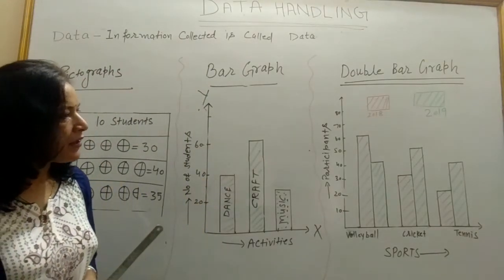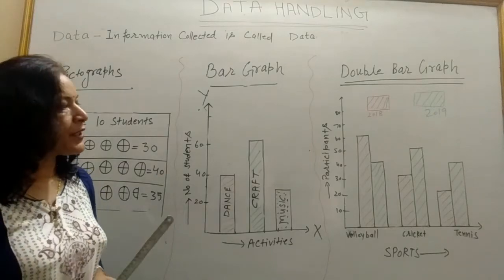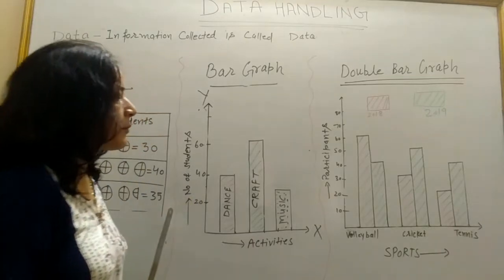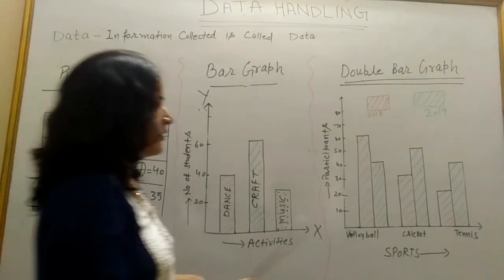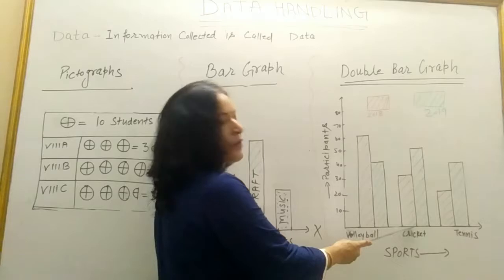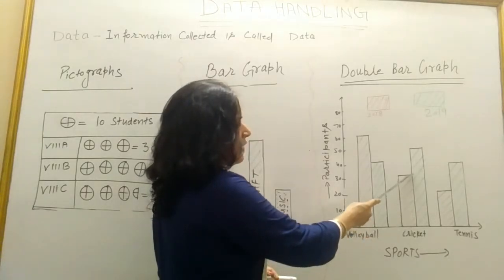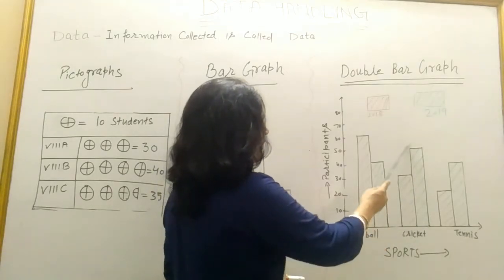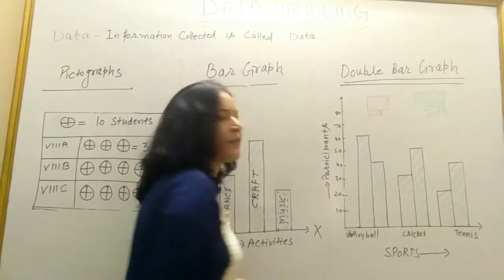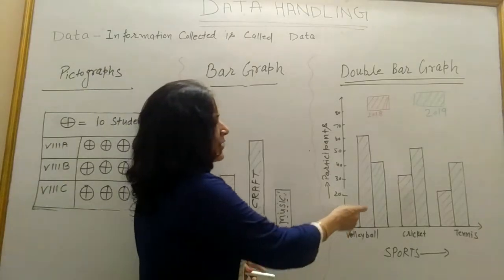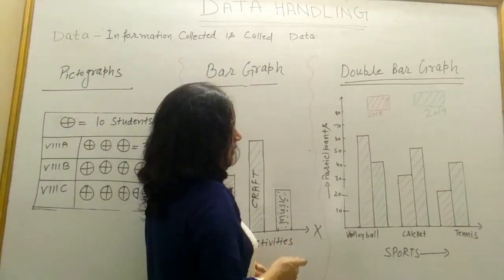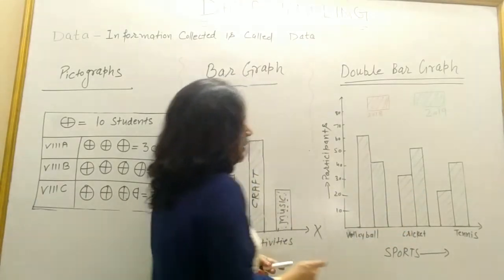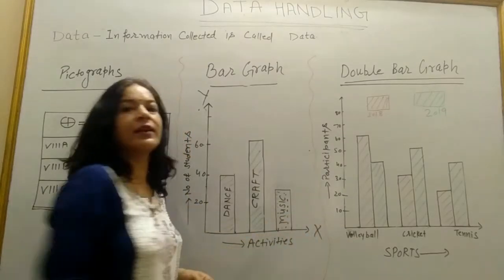And we can tell in which activity the number of students increased. Here look, in cricket the number of students increased because in 2018 its height is up to 30, then in 2019 it goes up to 50. Otherwise, in tennis the number of students also increased, but in volleyball the number of students decreased.